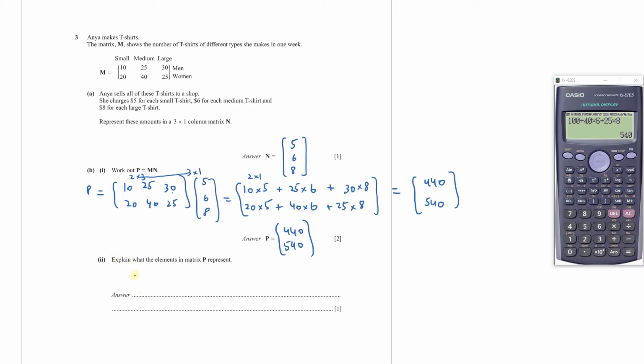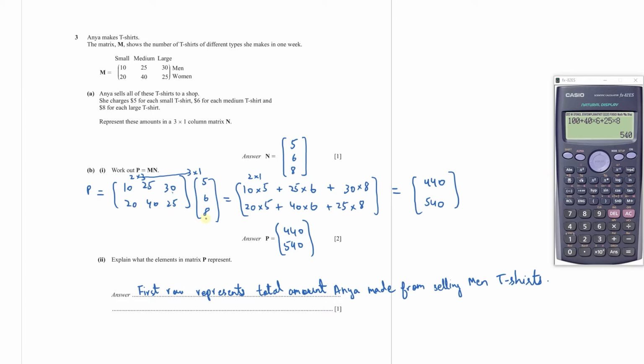So the first row represents the total amount Anya made from selling men t-shirts. And similarly for the second row, these are all the women t-shirts she made, multiplied by their corresponding costs.